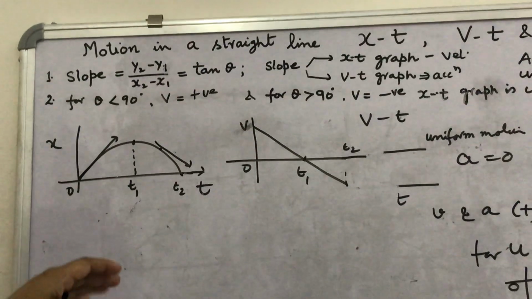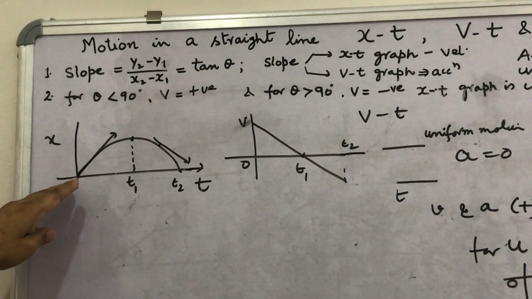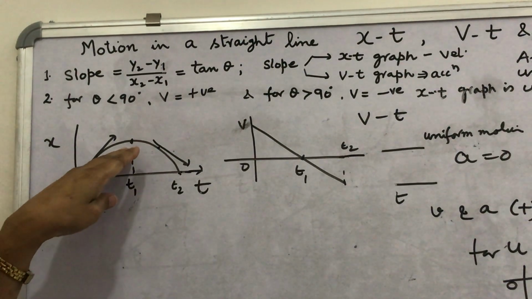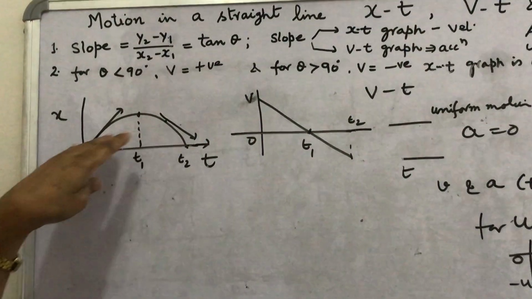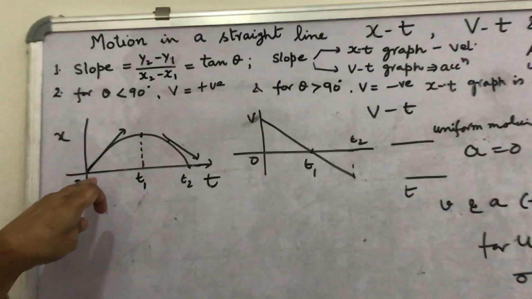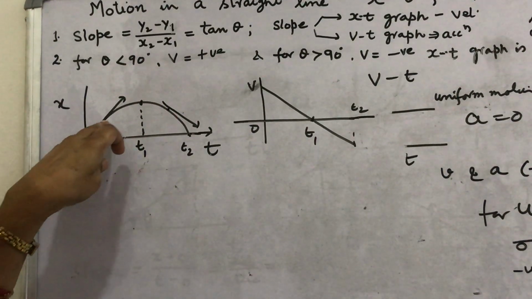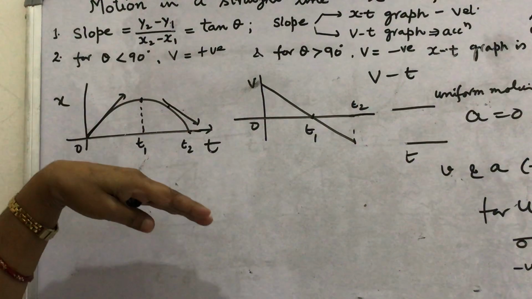The velocity time graph gives you that whenever the object is moving, the displacement time graph is given like this: velocity initially is v, and as time increases, the slope is decreasing.